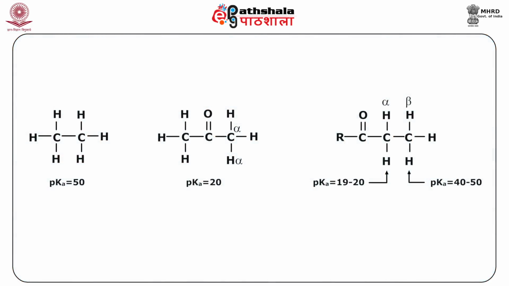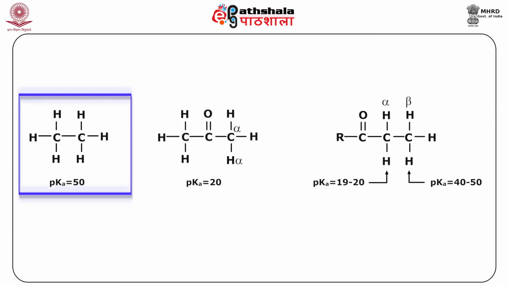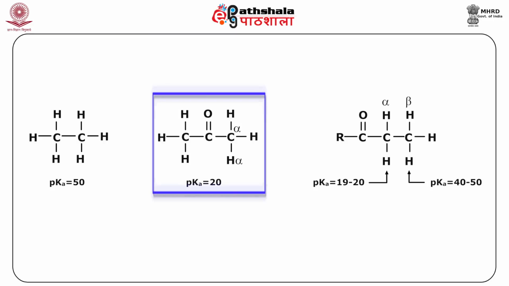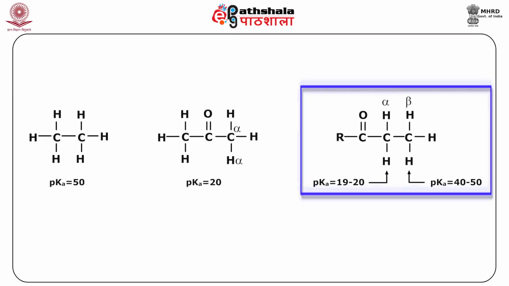As you can see here, you can do this comparison: ethane is shown where the pKa is 50, and you are shown this acetone molecule where the pKa is 20 for these alpha hydrogens. And then there is this higher ketone where the CH2, the alpha hydrogens, are further attached to CH3, the beta one. The pKa of the alpha hydrogen, notice, is 19 to 20.